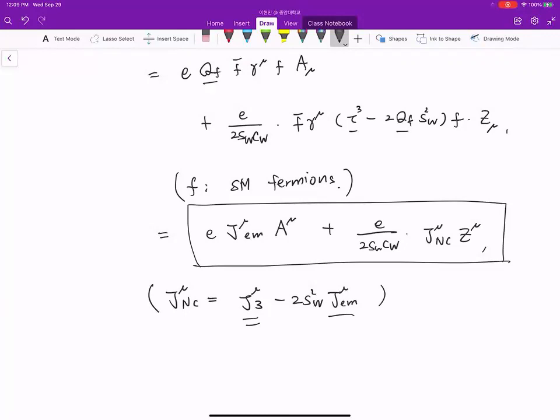And here tau 3 is the Pauli matrix, with 1 and minus 1 in the diagonal entries. So tau 3 is non-zero only if F is an SU(2) doublet. If F is a singlet, tau 3 equals 0.